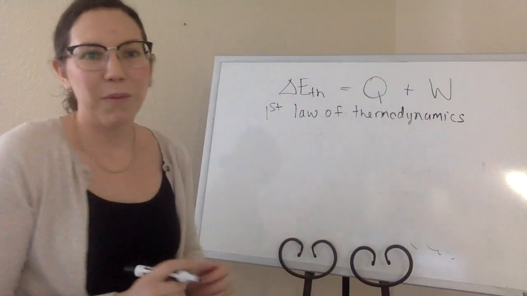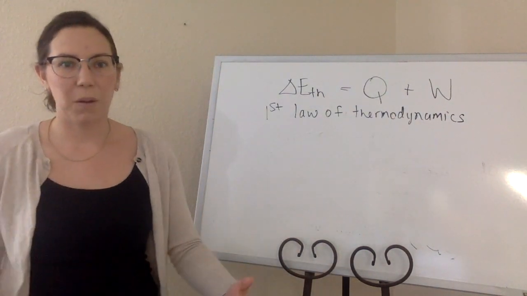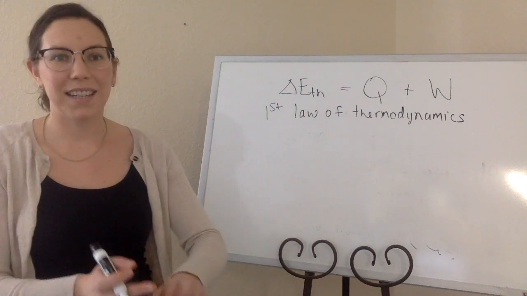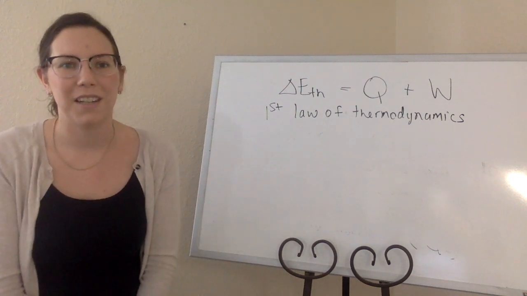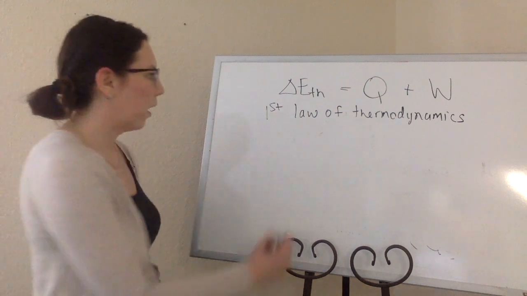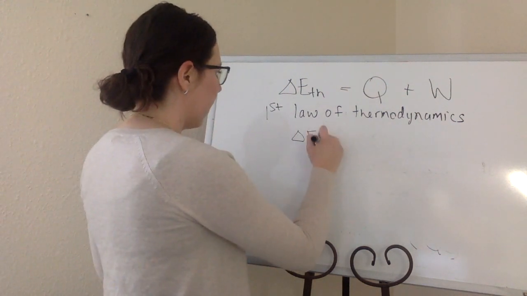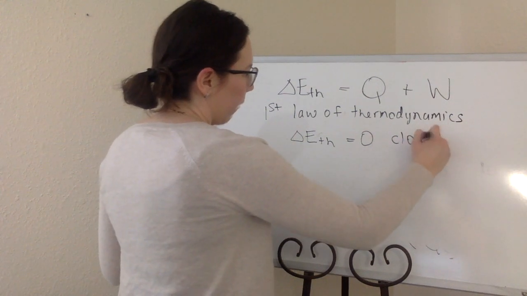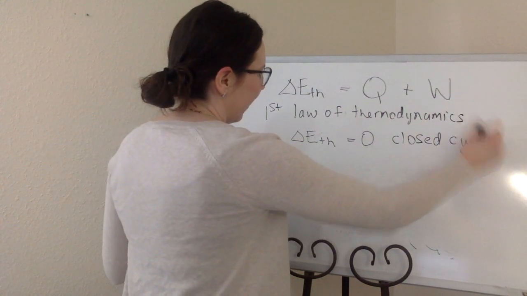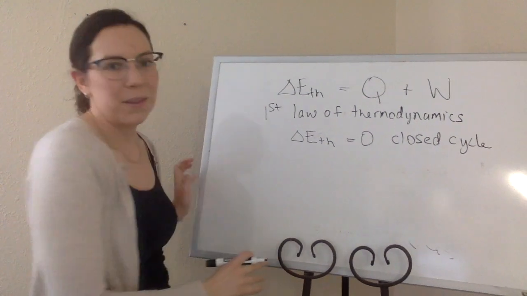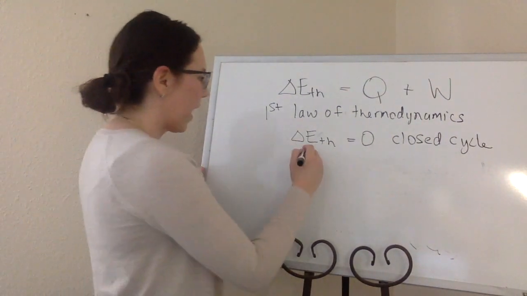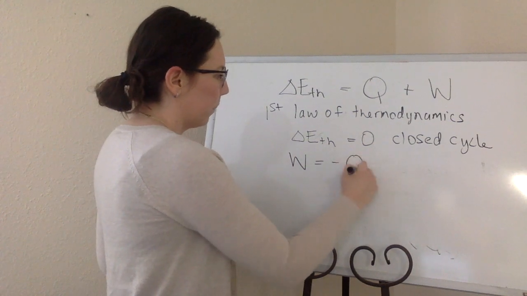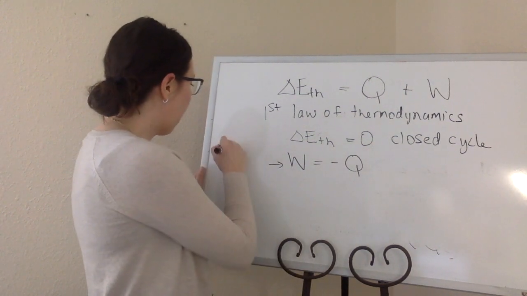And I mentioned before that for a cyclic process that returns to its initial state, because the temperature would have to be the same in that initial state, the overall change in thermal energy is zero. So this would also be true for a closed cycle that returns to that state periodically. Since delta E thermal is zero, we have to have the work done equals negative Q. Now this is the work done on the gas.